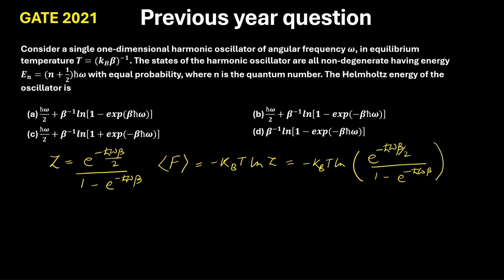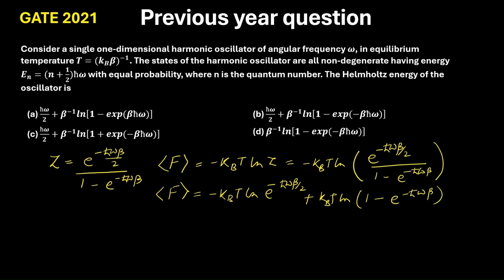So now I can expand this log expression. If I expand, I'll get minus kBT log of e to the power minus h bar omega beta by 2. Then here you'll get minus and minus plus, so plus kBT log of 1 minus e to the power minus h bar omega beta.